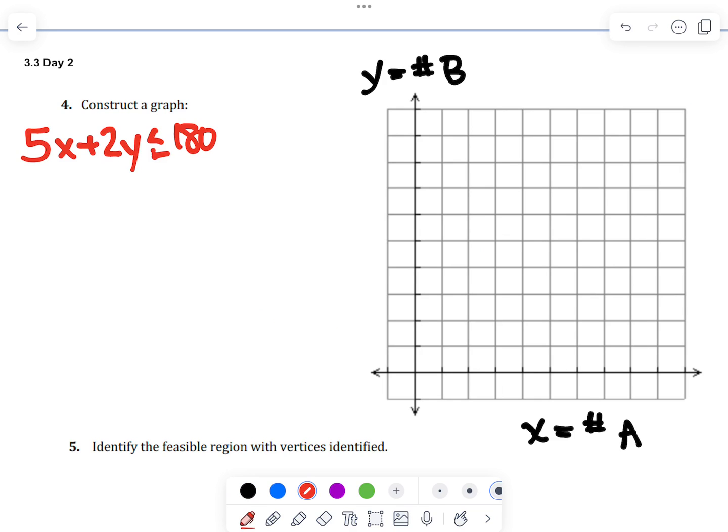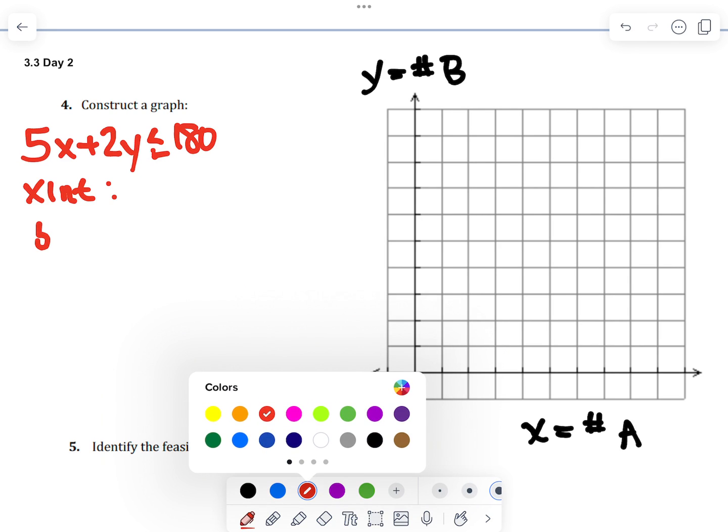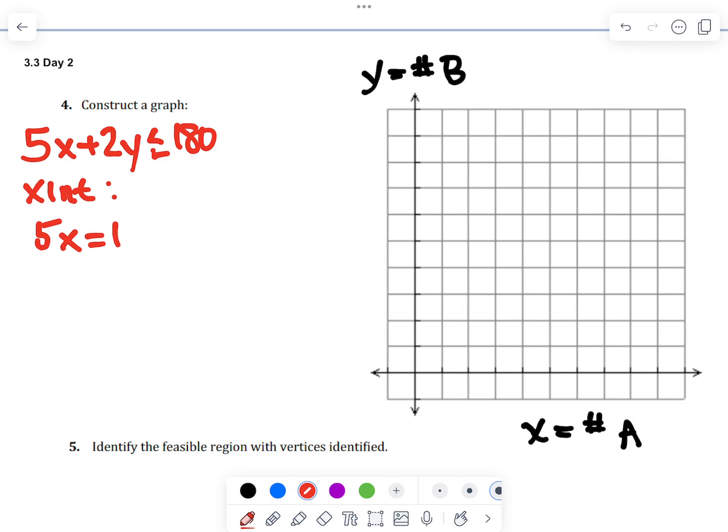So I'm going to go ahead and find the x-intercepts first for this red one. So I'm going to substitute 0 in for y, and then solve for x.